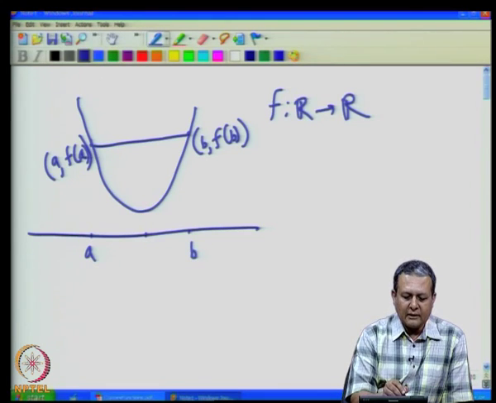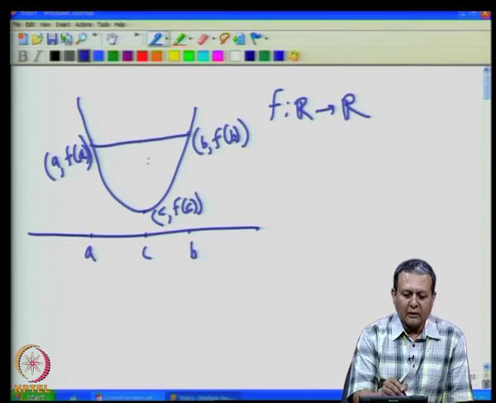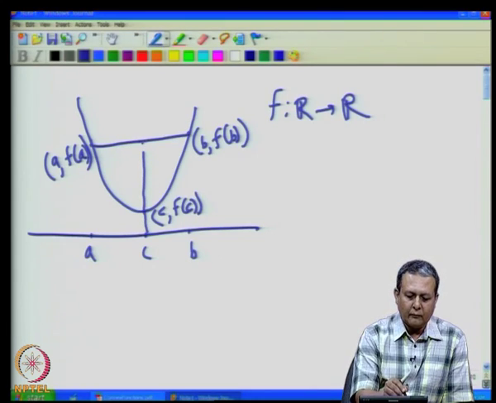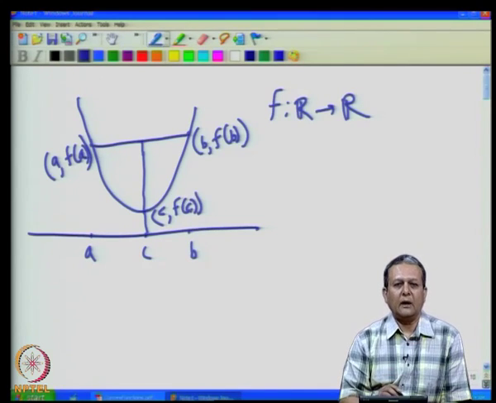So, if you take a point C, suppose here, the value of the function at C is C comma f(C), and then if we take the corresponding point on this chord, and find its y coordinate, that y coordinate will always be greater than or equal to f(C).